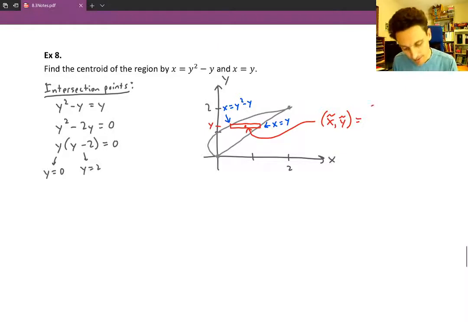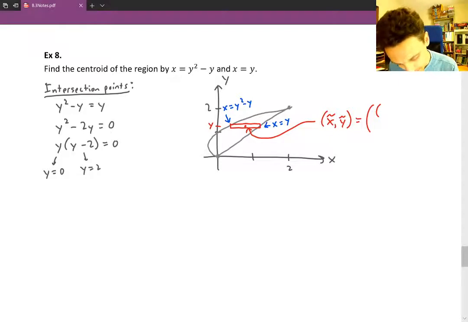So x tilde is going to be the average of those two x values, right? That's going to give you the x value that's in between those two x values. Take their average. So we're going to have y plus y squared minus y over 2.